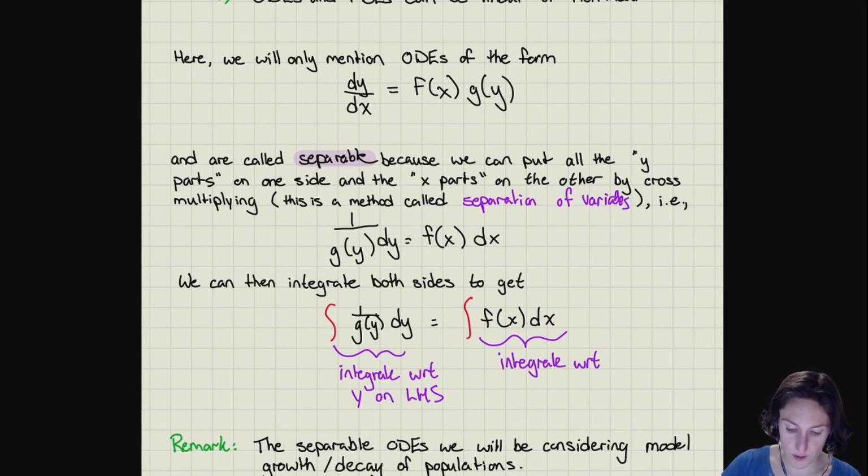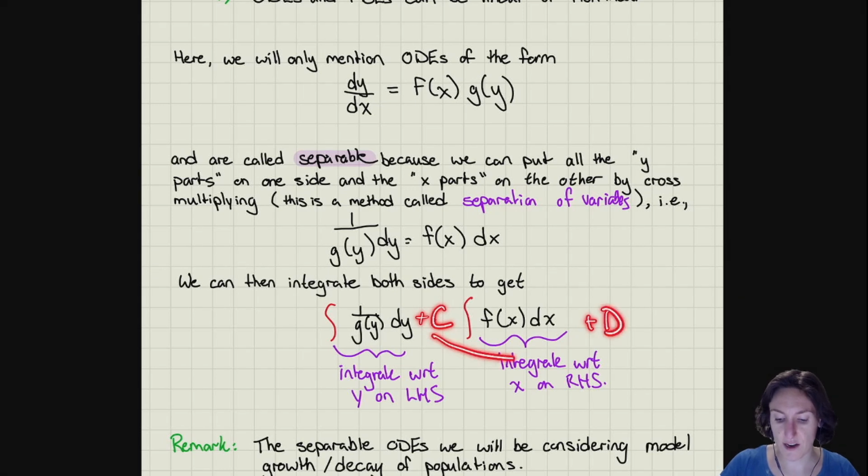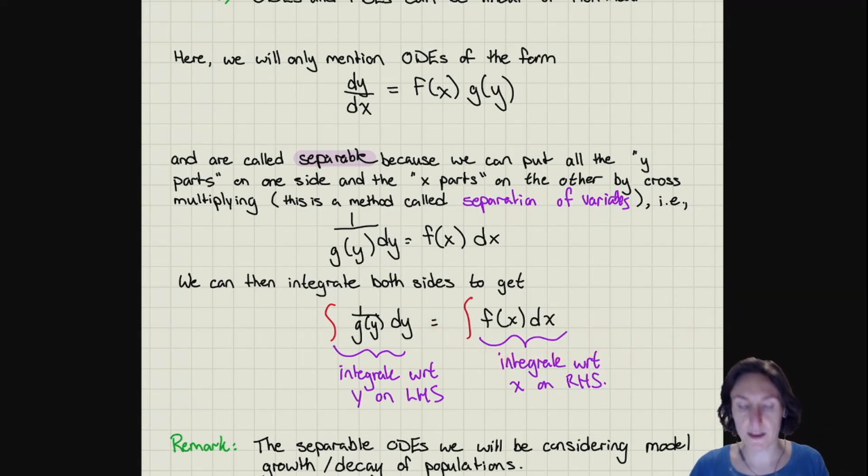For the plus constant part, we could go plus c here, plus d here, bring the c over to d, and then rename this to be a new constant. So typically what we do is we just go plus c on the one side.